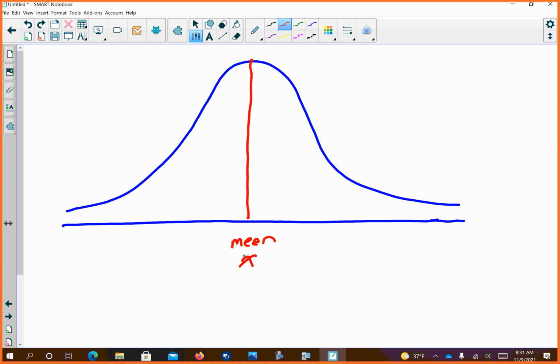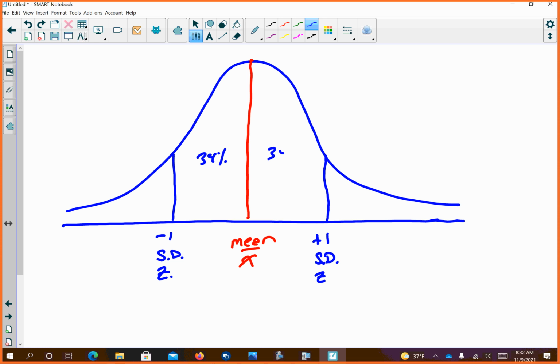The mean, x bar. Plus 1 standard deviation, or that could be a z-score. Minus 1 standard deviation, or it could be called a z-score. Okay. Here is 34%.